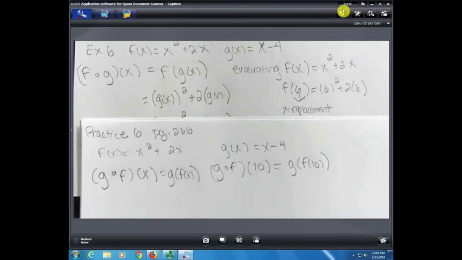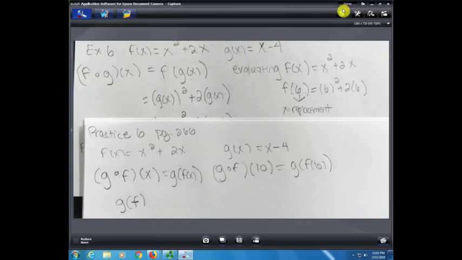Alright, so for this one, if my g function is composed of the function f, it means you want to take your g function and replace your x value in your g function with f. Because again, the inside of the parentheses is an x replacement. If you want to, you can write it like this, g of f, to get rid of all these parentheses in here.